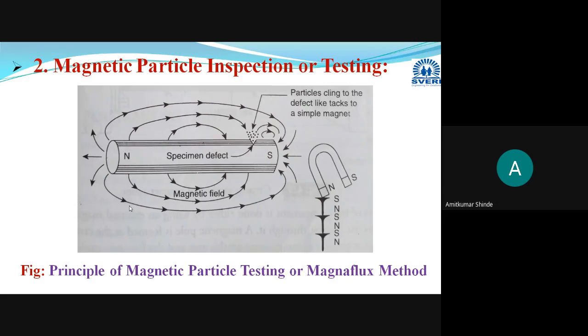This method cannot be used for materials which are non-magnetic in nature. This is the limitation of this method.